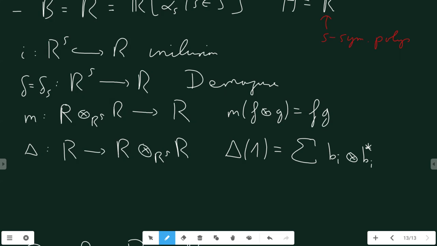But as a reminder, for instance, in this example of C[x] mod x squared, you actually have seen something like this. And yes, x and 1 are exactly the dual basis. The bi's would be 1 and x, and the bi duals would be the other way around, x and 1.